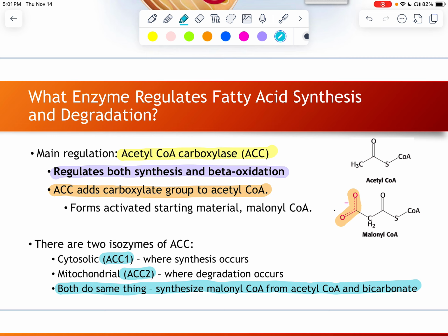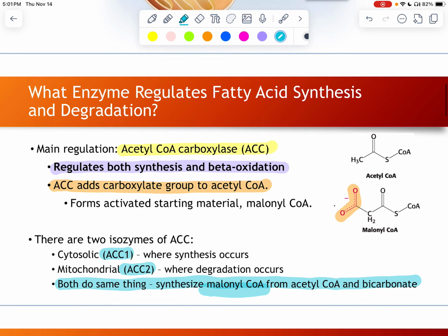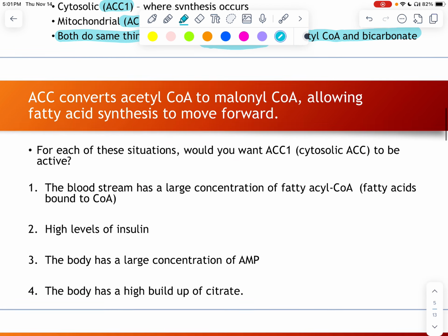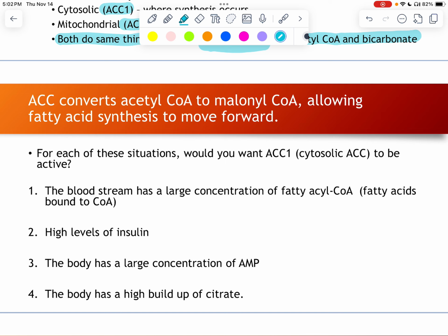So it doesn't matter if that acetyl-CoA carboxylase is in the cytosol or in the mitochondria. In both cases, its function is to make this malonyl-CoA.